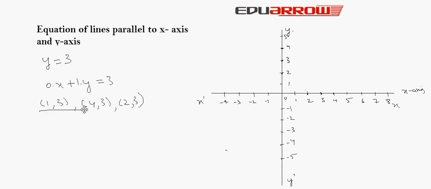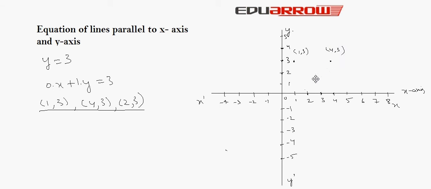Now we will plot the graph for these points. Here (1, 3) is here. Now (4, 3) is here.